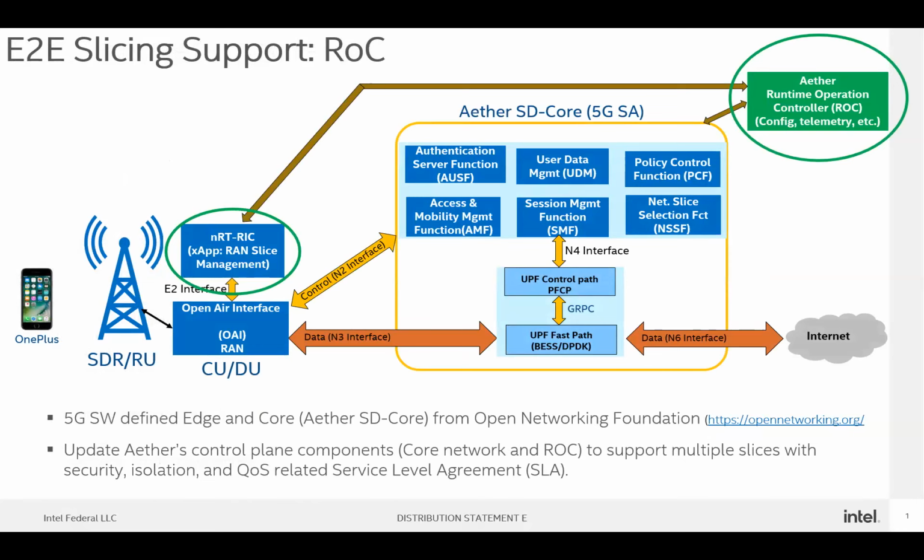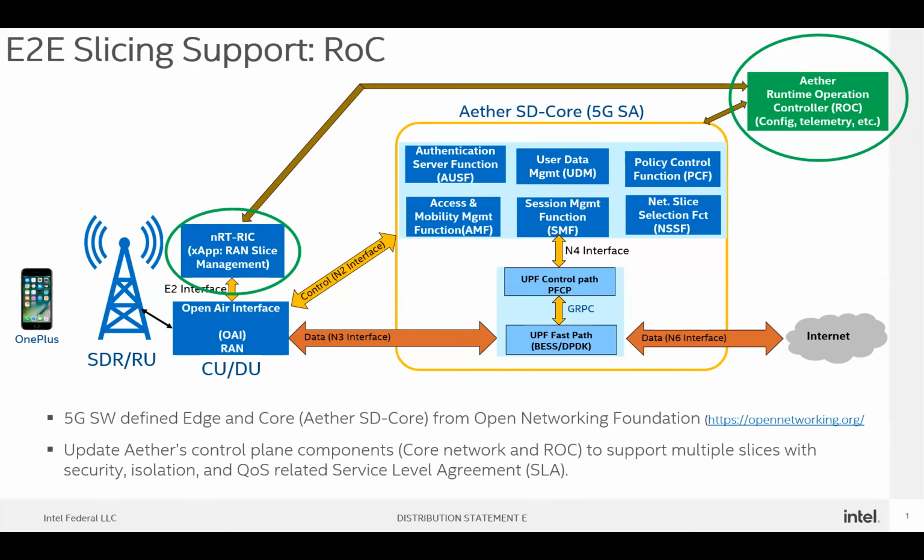Basically, we are using the A1 interface, which is already implemented in the RIC. At a very high level, we can think of using the ROC as the non-real-time RIC or the SMO component on the RAN side.